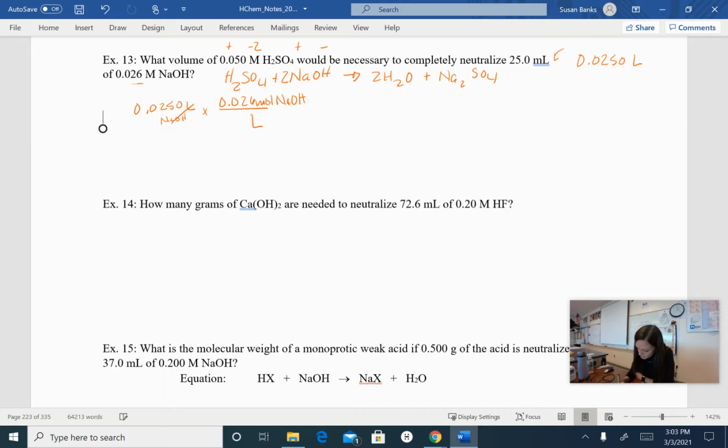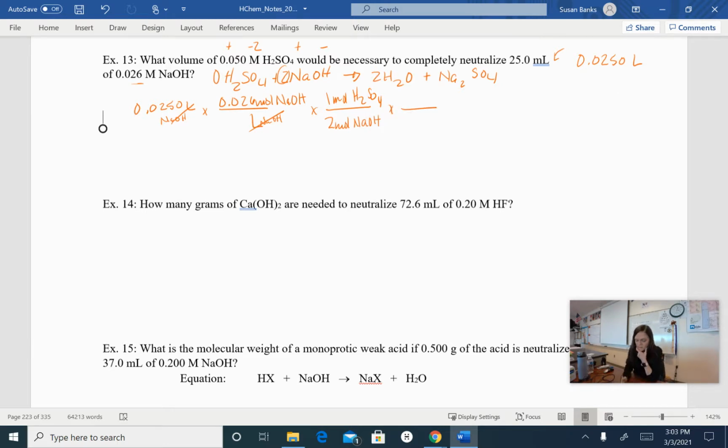So my liters of sodium hydroxide cancel. Okay, now I need to look at my relationship. I have 2 moles of sodium hydroxide reacting with 1 mole of sulfuric acid, right? Okay, so I've got that relationship.